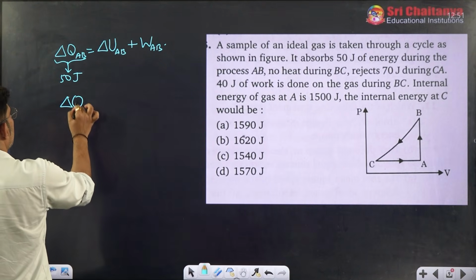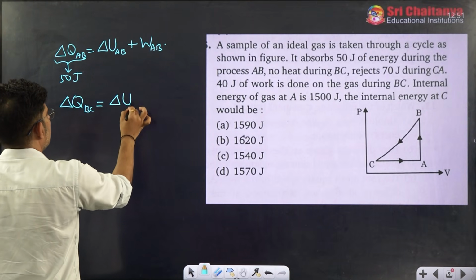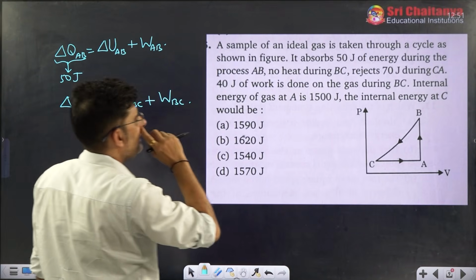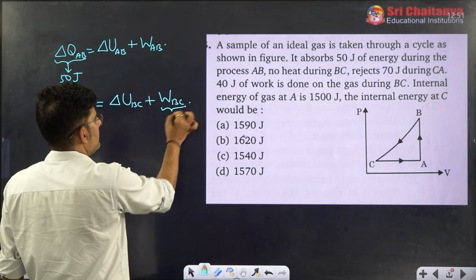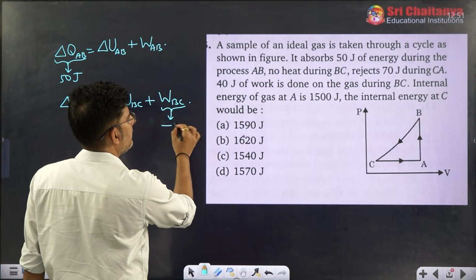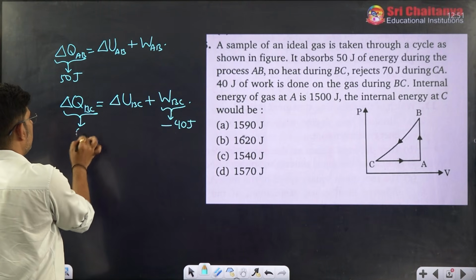Delta Q BC will become equal to delta UBC plus work done in BC. Now they are saying that 40 joule of work is done on the gas. When you have work done on the gas, it will be negative. So on the gas is negative, how much? Minus 40 joule. They are saying no heat in this part, 0.